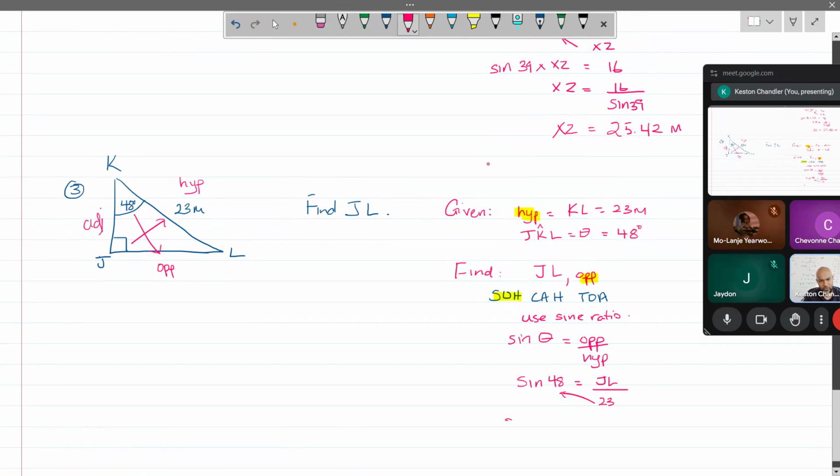Move this across here, you're going to get sine 48 multiplied by 23 is equal to JL. That gives 17.09, to 2 decimal places. Yeah, everybody okay with that?